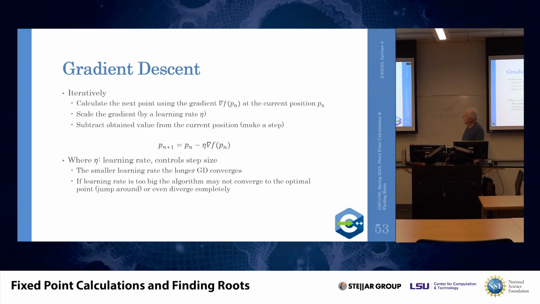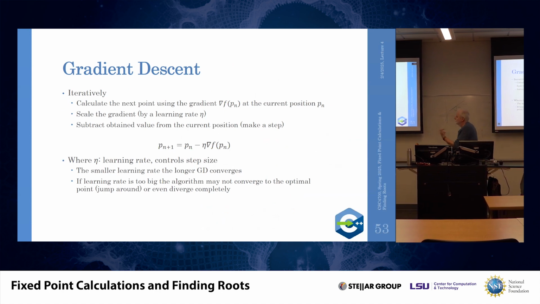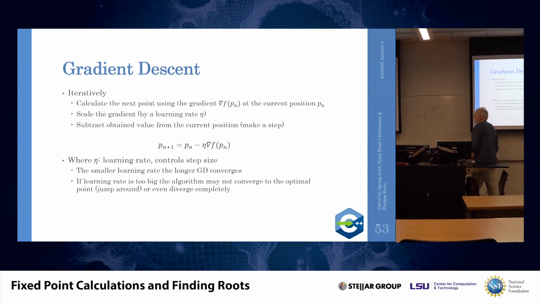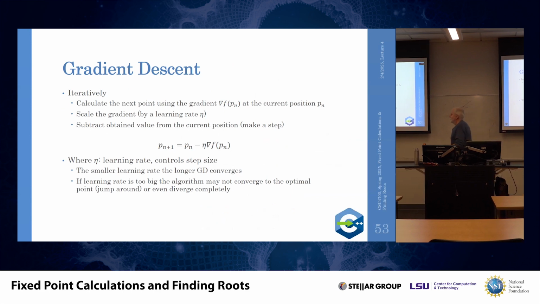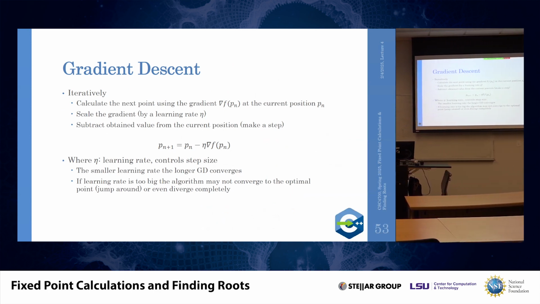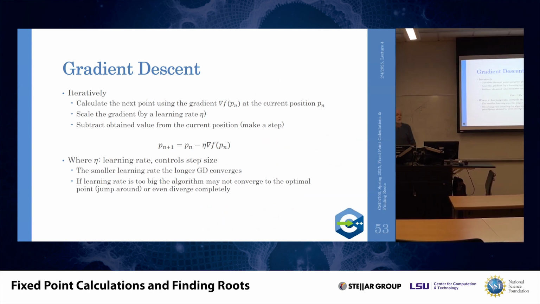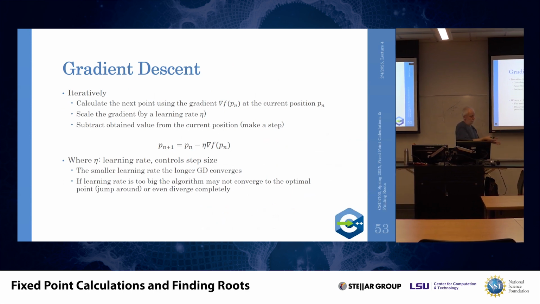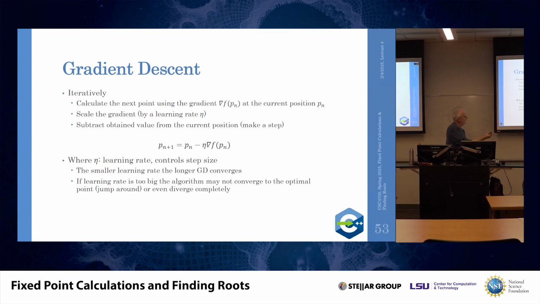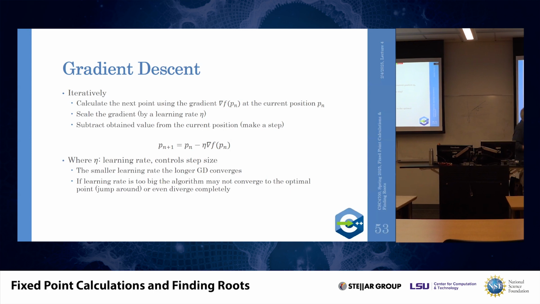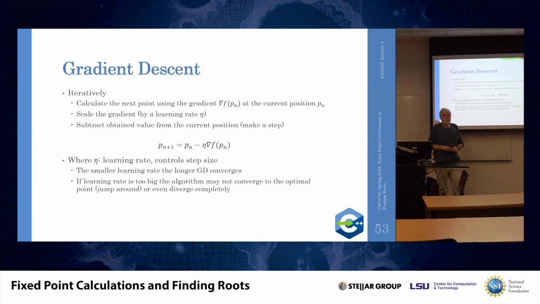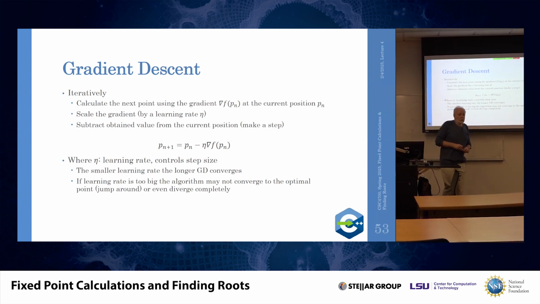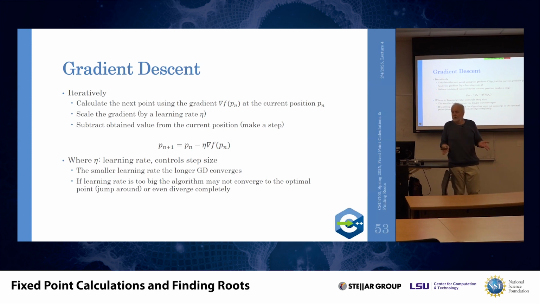Okay, so what does gradient descent do? It iteratively calculates the next point using the gradient at the current position Pn, where Pn is a vector of values in the multidimensional space that describe the current iteration point. You scale the gradient by what's called a learning rate, and the term alone tells you that it's used very widely in machine learning.